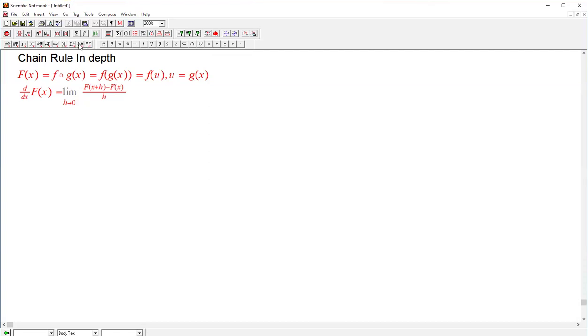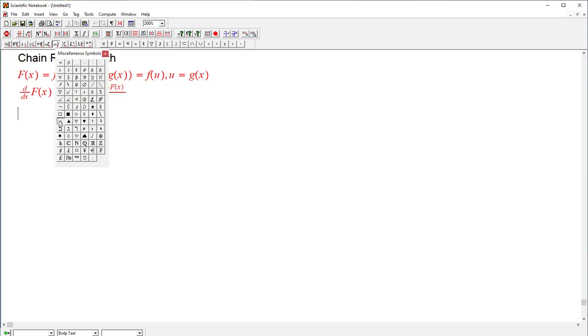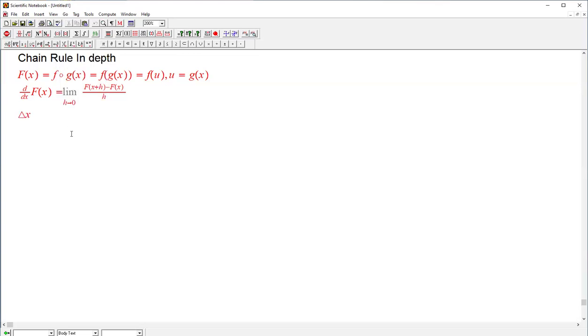This is a commonly used notation that we're going to use quite often. What does delta x mean? Delta x actually means change in x. It has the same meaning as h.